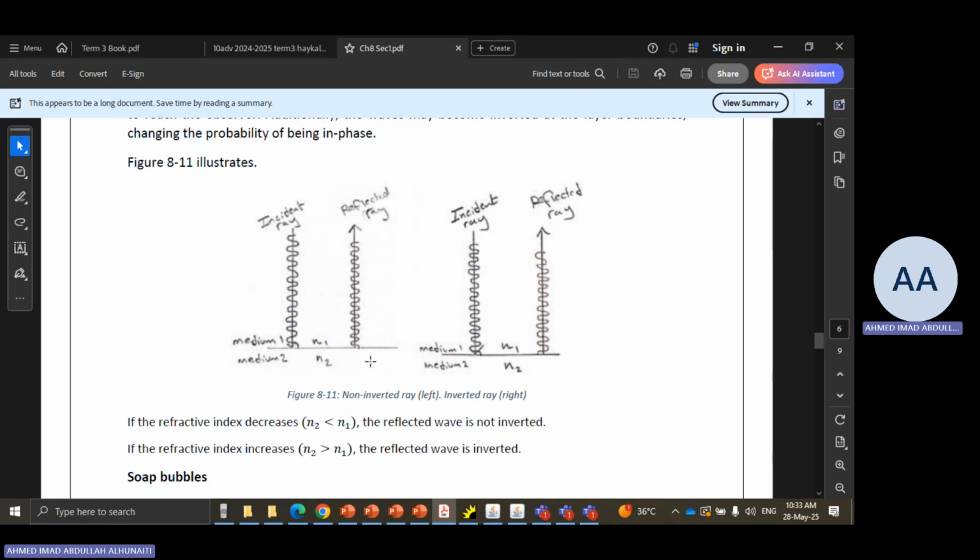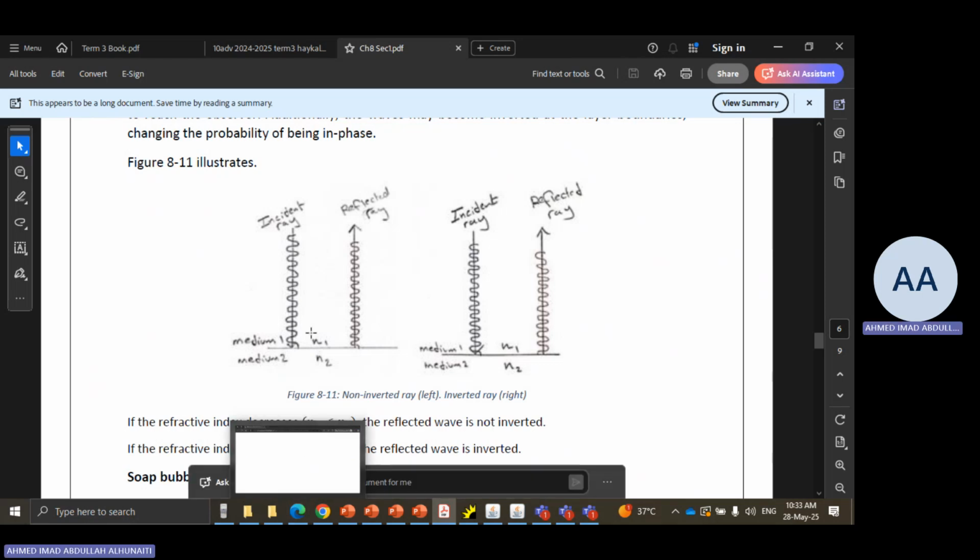If you look very carefully at where the wave is in contact with the boundary, the crest is pointing to the right. In the reflected wave, the crest is pointing in the same direction, to the right, same orientation. In this case, we say that this ray is reflected but not inverted.